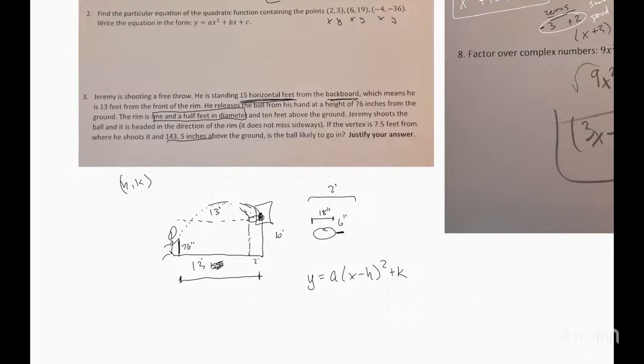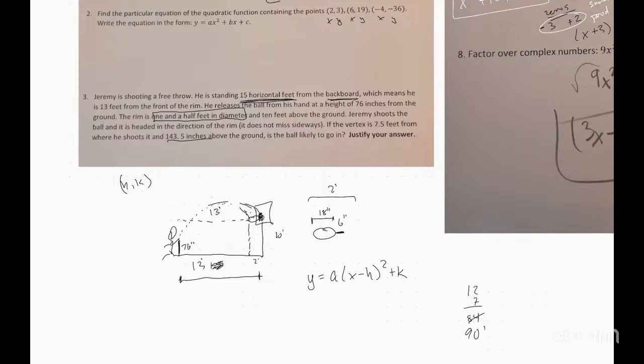So 7.5 feet is 12 times 7 is 84 and a half. 84 plus 6 would be 90 inches. So 90 comma 143.5, which is the vertex.